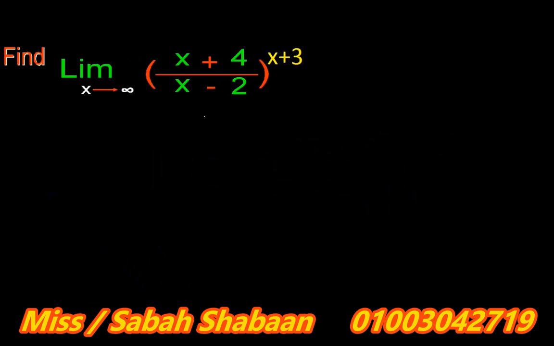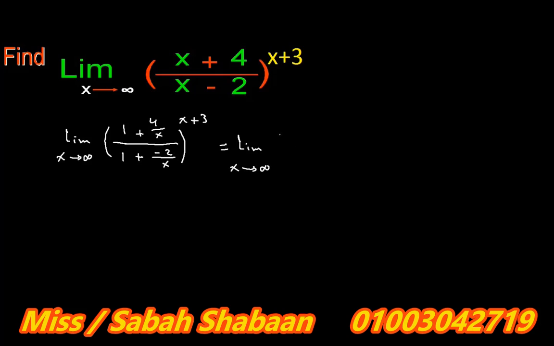By dividing the numerator and the denominator by x, we get the limit as x tends to infinity of ((1 + 4/x)/(1 + (-2)/x))^(x + 3), which equals the limit of (1 + 4/x)^(x + 3) divided by (1 + (-2)/x)^(x + 3).